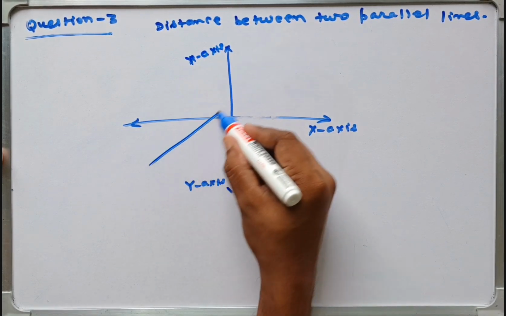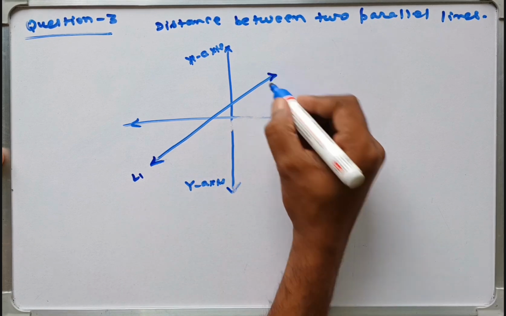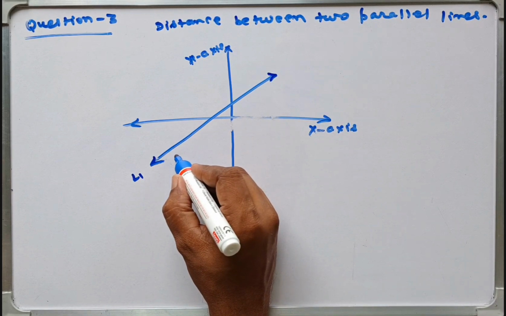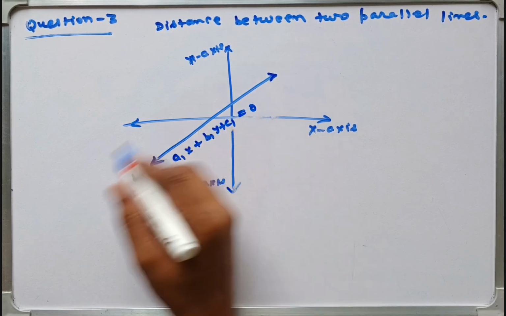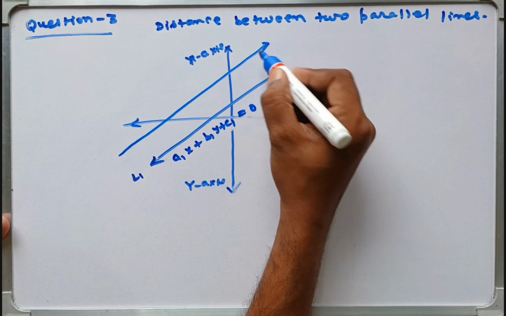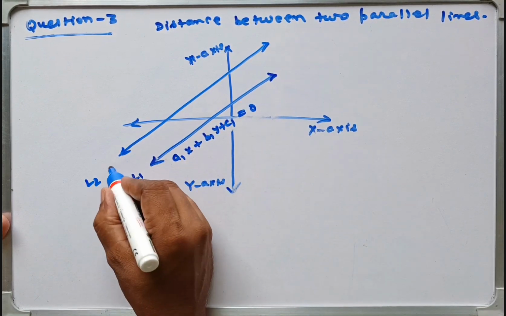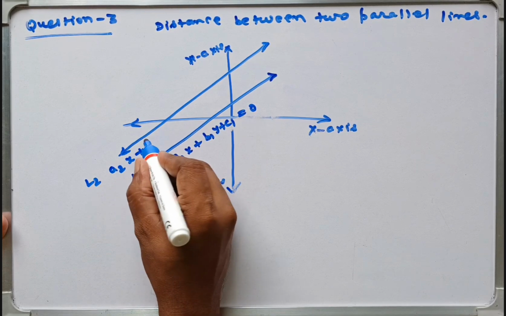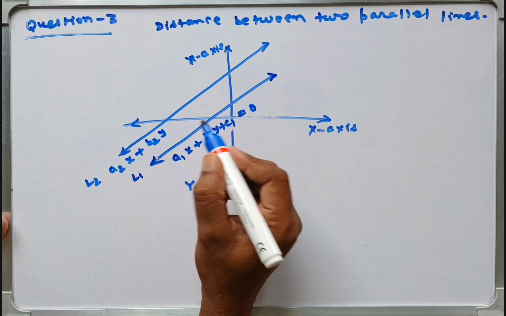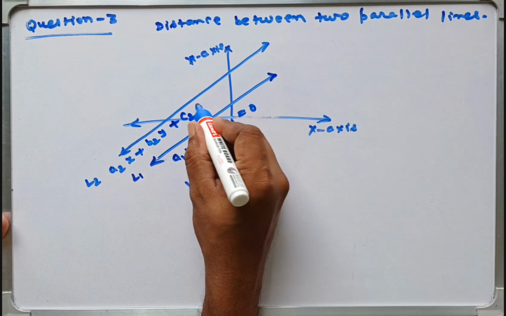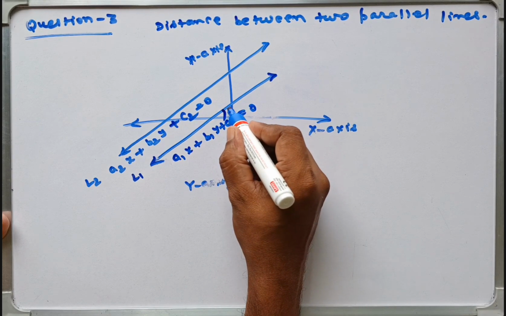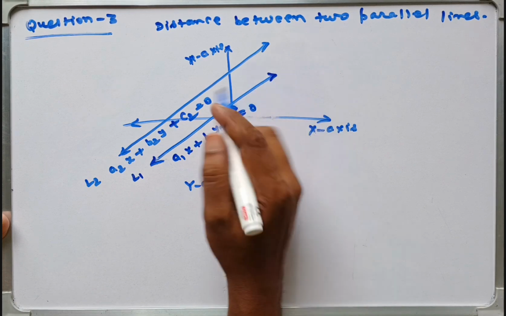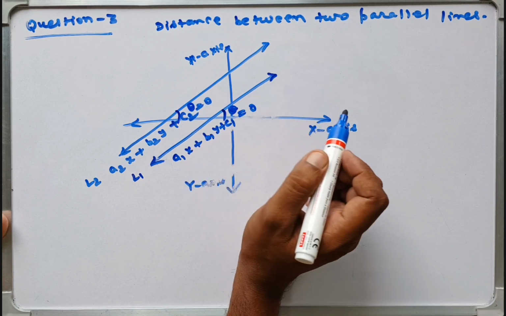Suppose a line L1, like this one, whose equation is a1x plus b1y plus c1 equal to 0. Another line, say this one, L2, whose equation is a2x plus b2y plus c2 equal to 0. What we know is, if these two lines are parallel to each other, then the gradient or slope of this line and this line must be the same.